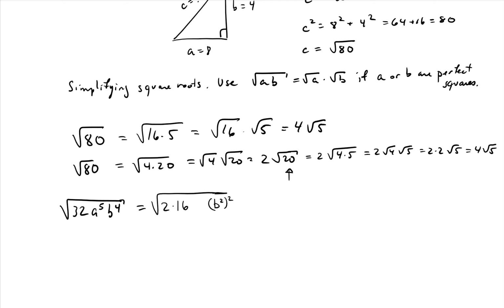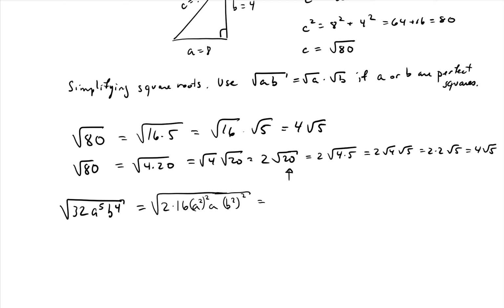As for a to the 5, 5 is not even, but in a to the 5 hides a to the 4. So I can write a to the 5 as a to the 4 times a. And a to the 4, since it's even, I can think of as a squared squared. So I've got b squared squared and a squared squared.